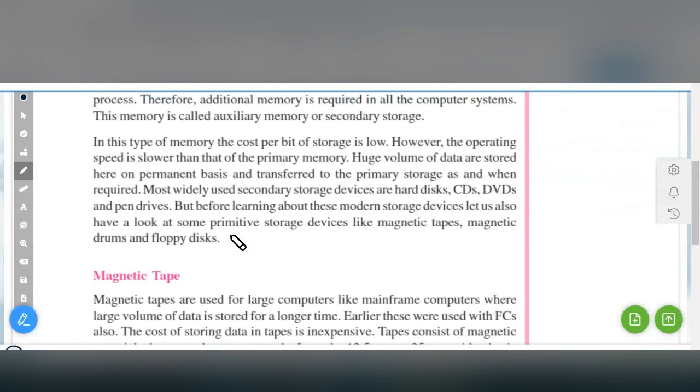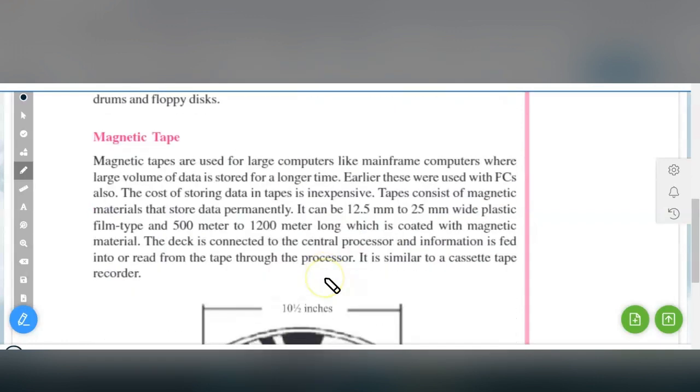We have many secondary storage devices like CDs, DVDs, pendrives, hard disks and other devices to store our data. So let's see one by one what the different secondary storage devices in use are. The first one is magnetic tape.